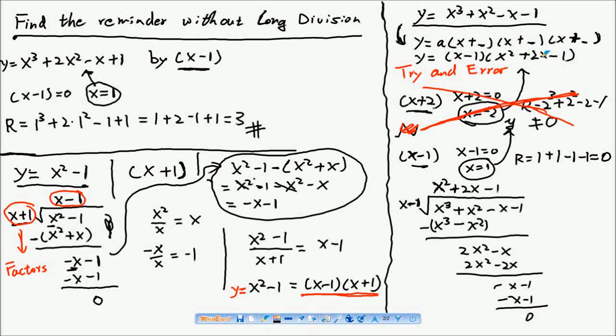Now in the second bracket we have a quadratic equation, and we can easily factorize it.